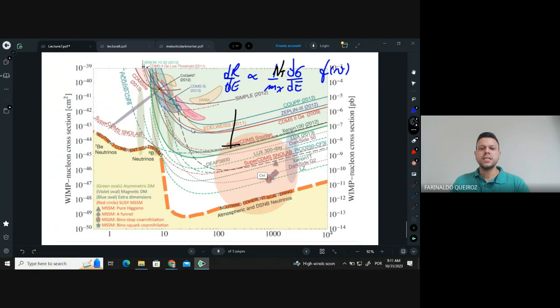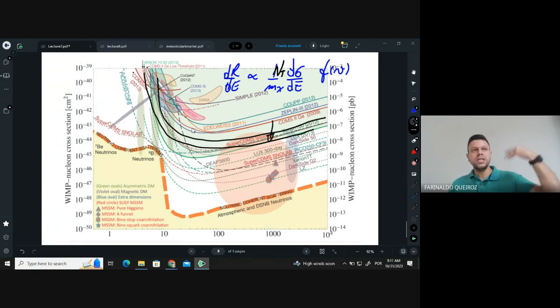And the reason why some detectors have a curve like this, and then eventually they have a curve like this. The reason why it moved down is because they increased the volume. The reason why now they're covering lighter dark matter masses is because they got a better way to reduce the energy threshold.